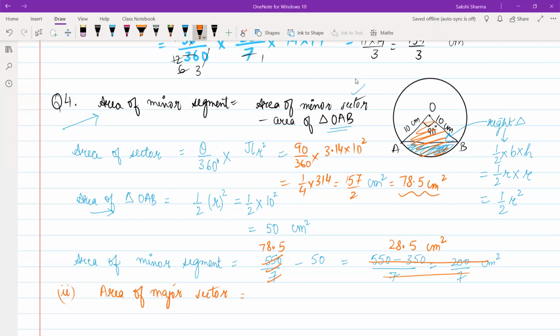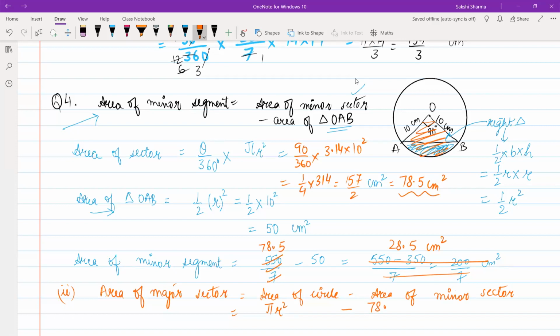So the area of the major sector will be given by the area of the circle minus the area of the minor sector. You can find out the area of the circle beforehand, or you can do it right here. So this will be pi r square minus the area of the minor sector, which is already there with us.